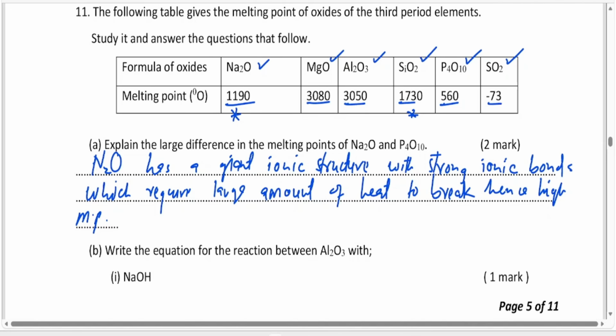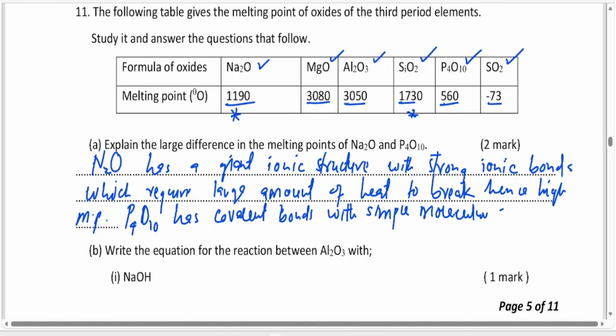Then on the side of phosphorus oxide, it has covalent bonds with simple molecular structure, requiring less amount of heat, and hence lower melting point.